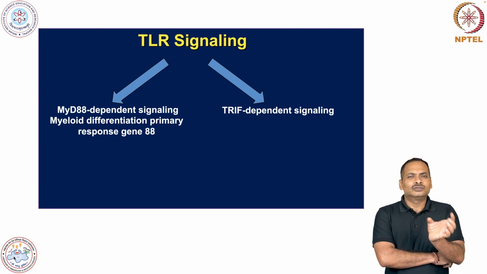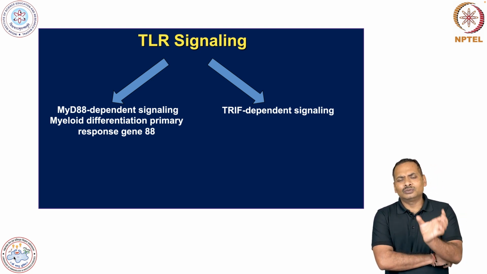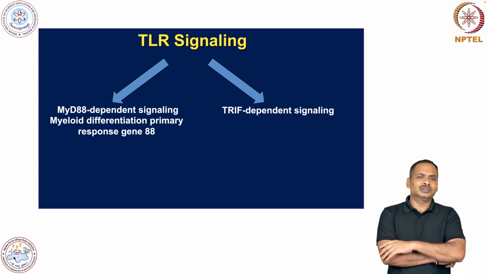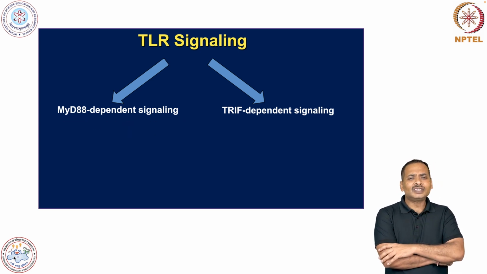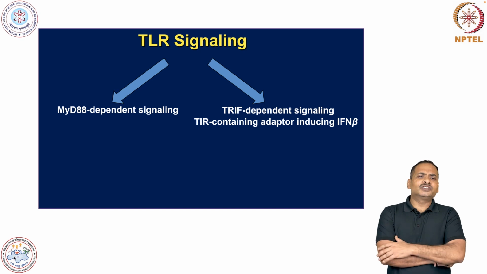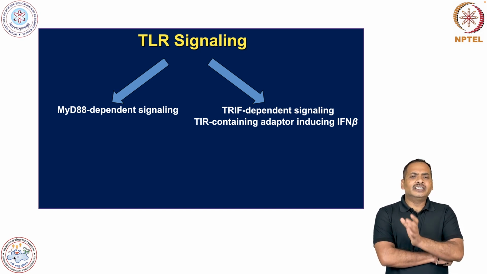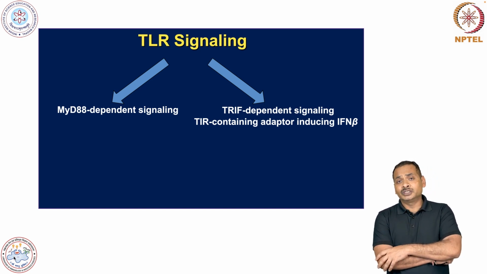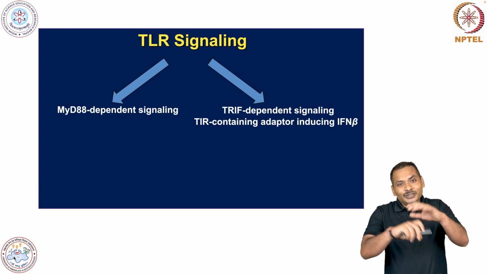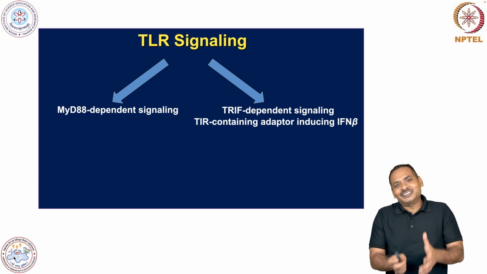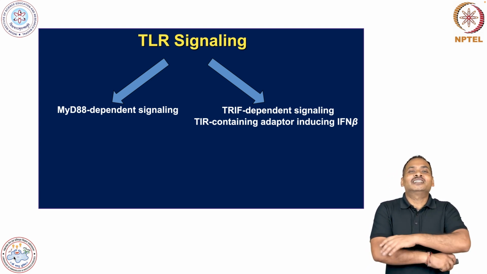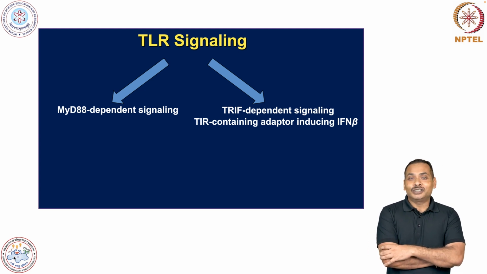That is the full form, but you need not worry about it, just remember MyD88. And TRIF stands for TIR containing adapter inducing interferon beta. So here you can guess that this adapter plays an important role in the induction of interferon beta.